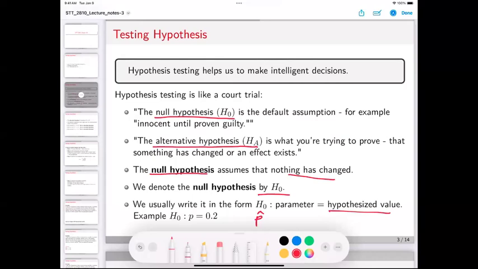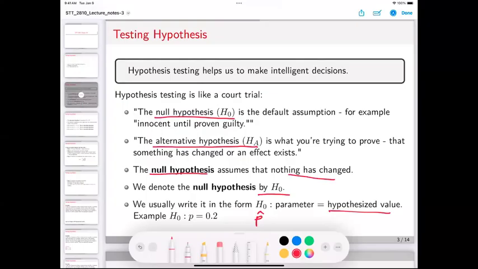So hypothesis is always about the parameter. For example, we could have H naught: P equals 0.2. Some problems will formulate the hypothesis for you, but most of the time you have to be able to read the problem, understand it, and also formulate the hypothesis.